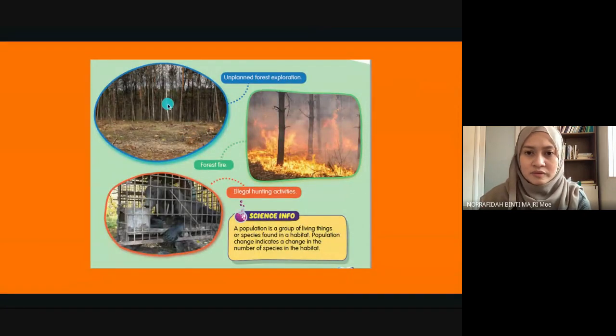So this one we call forest exploration. And then illegal hunting activities, ini ialah pemburuan haram. If this happens, there will be bad effects to the population. Dia memberi kesan buruk kepada populasi haiwan dan tumbuhan.